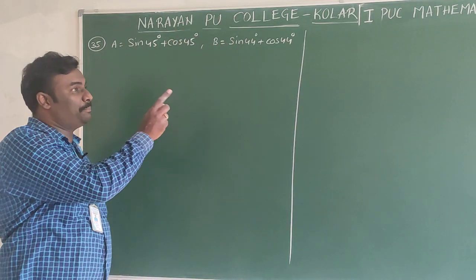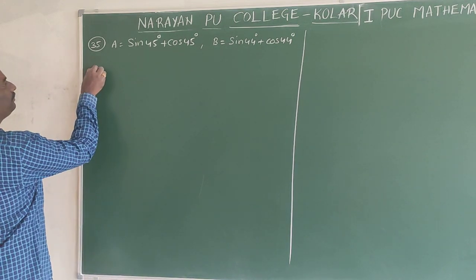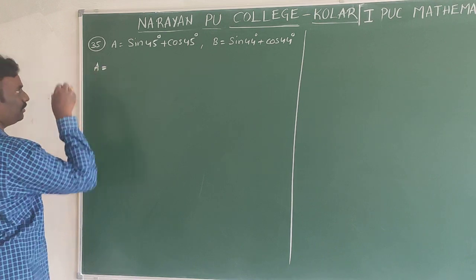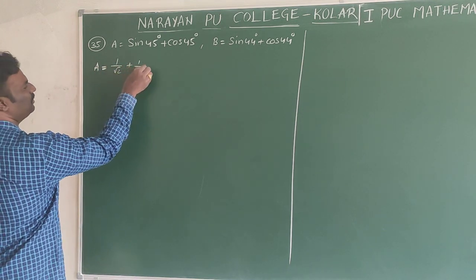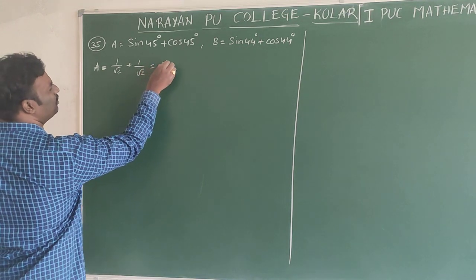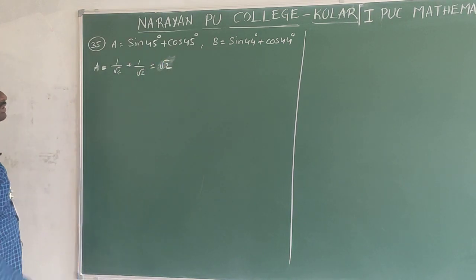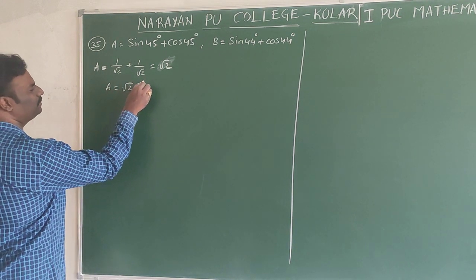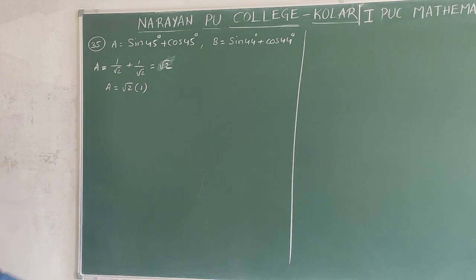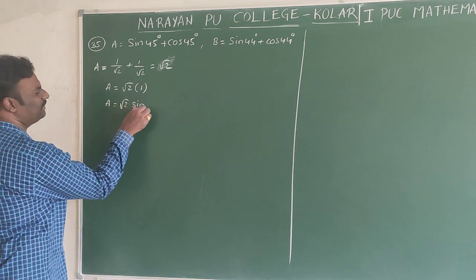Now, we have to compare the two. That's why I am writing here, A equals 1 by root 2 plus 1 by root 2, that is nothing but root 2. This root 2 I am writing as root 2 into 1. In place of 1, I can write sin 90.